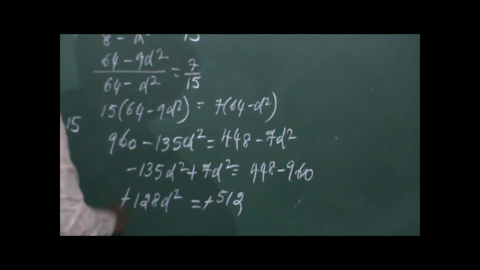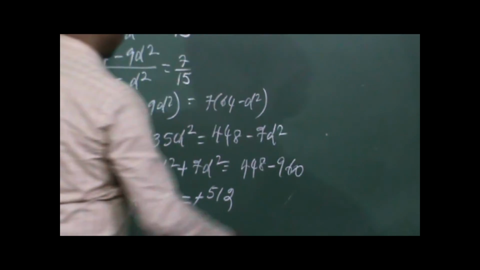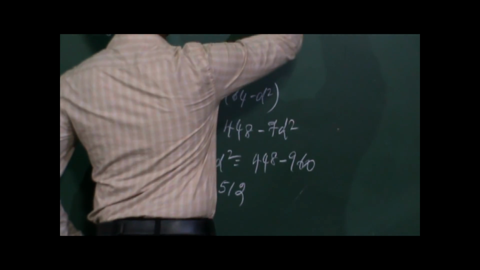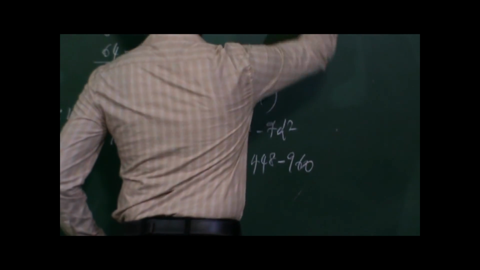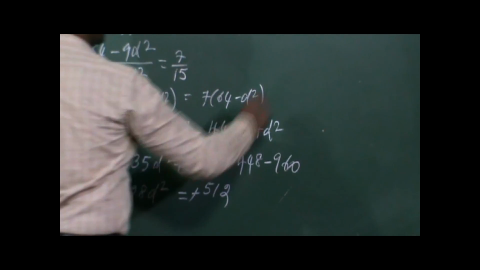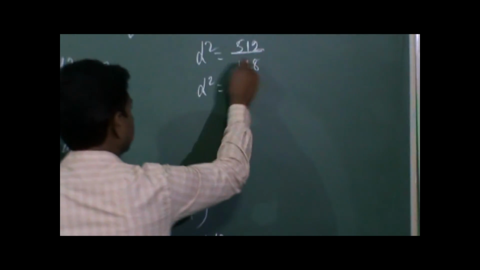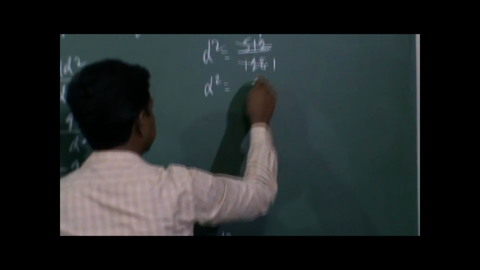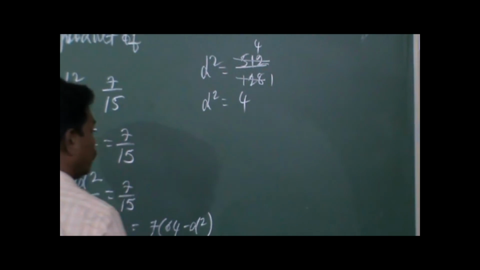So minus and minus cancels. So d square is equal to 512 by 128. So d square is equal to 4.